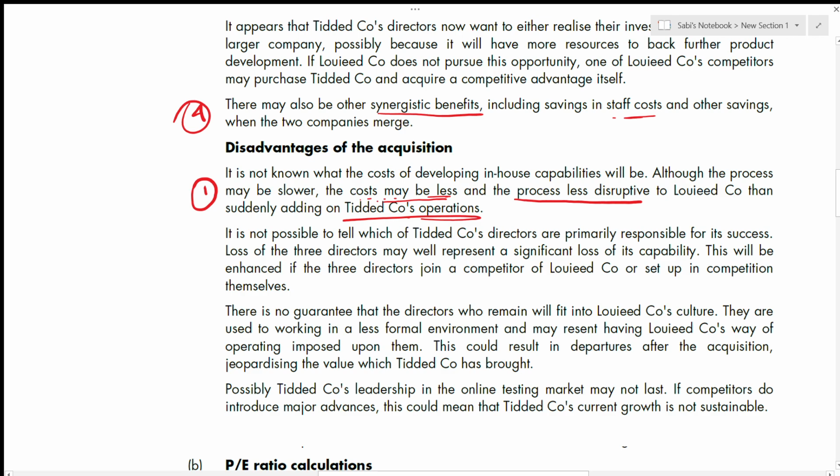The other three are not going to join. That was mentioned later in that case study. We haven't read the case study fully, but it's okay. When you read it, you can read the full case study and then answer this question. They have clearly mentioned that out of five, only two directors will work after the company merges, but the other three will not. Because of that there is a loss of three directors, which may well represent a significant loss of capability.